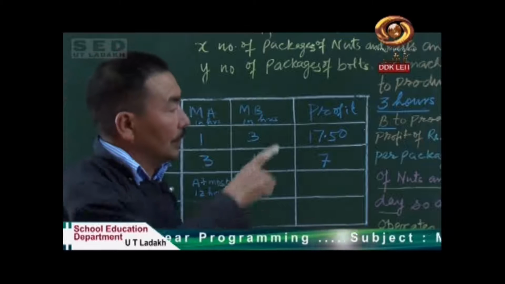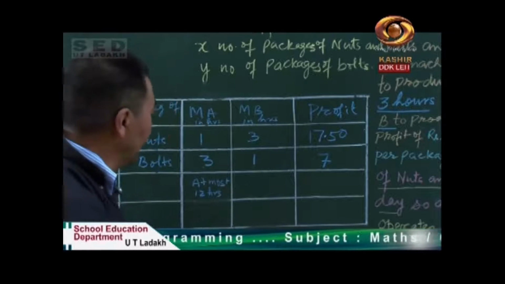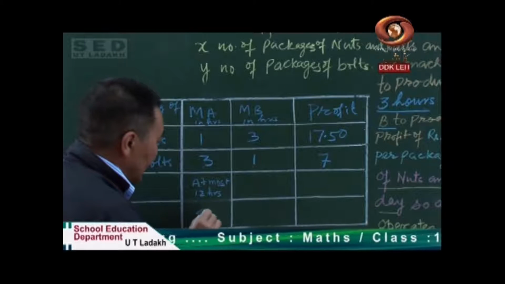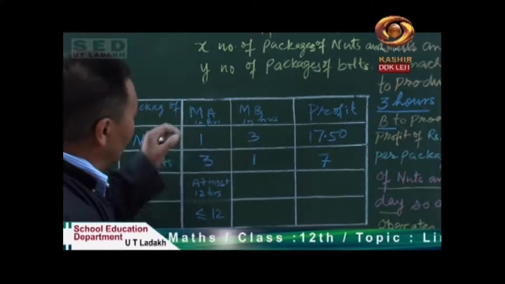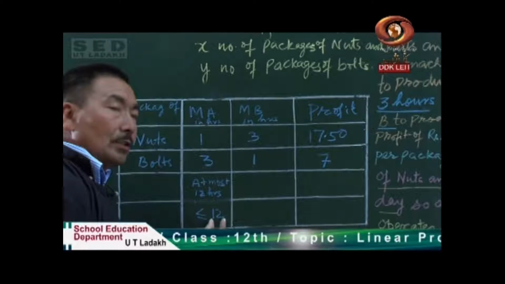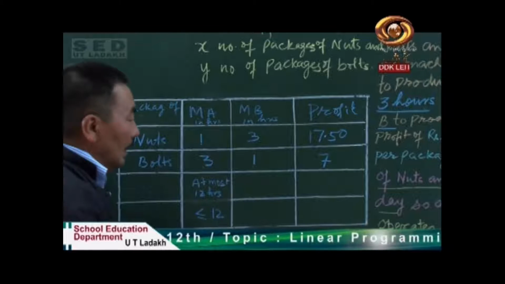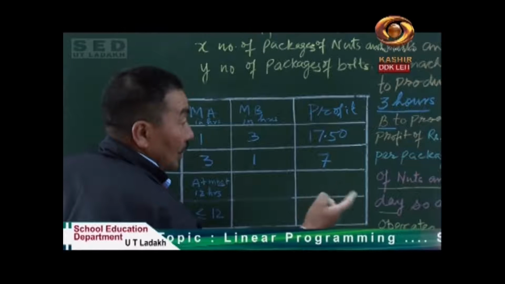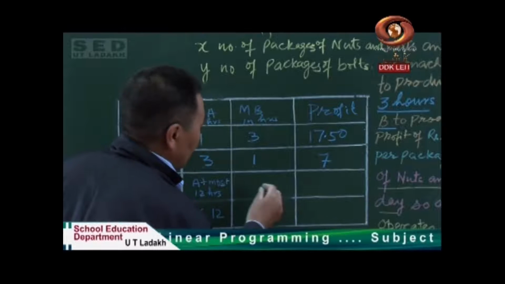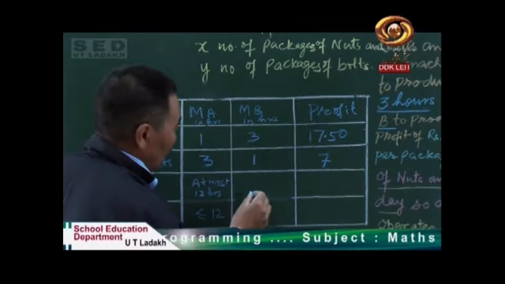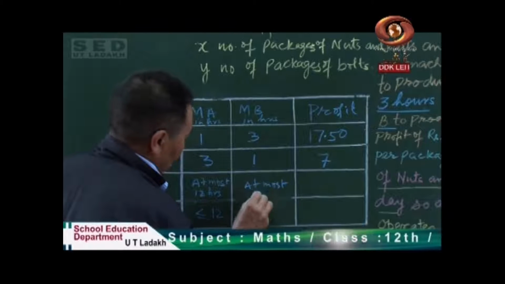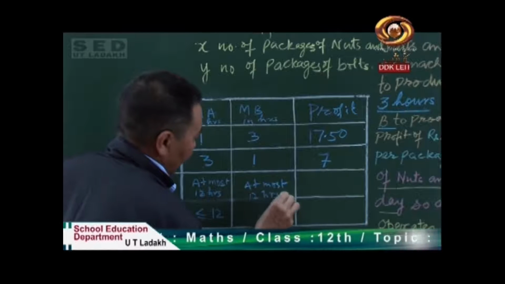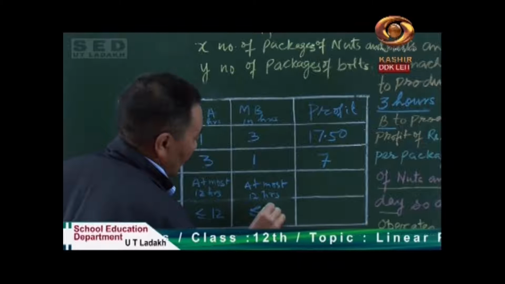If we reduce this information in mathematical form, it becomes less than or equal to 12. That means machine A is used for 12 hours or less, and similarly machine B is also used for at most 12 hours.